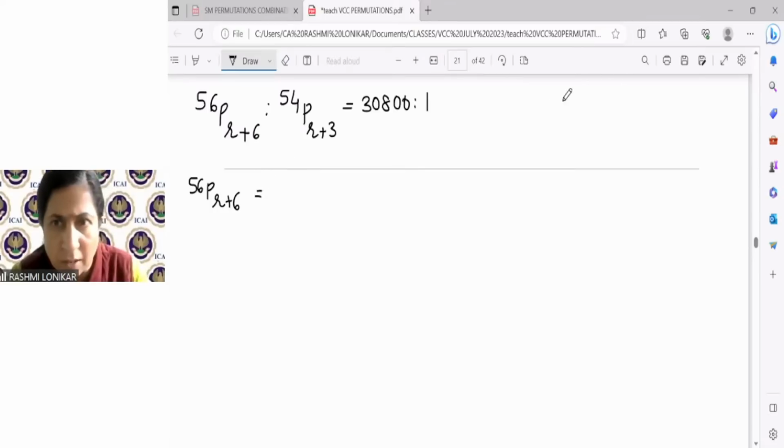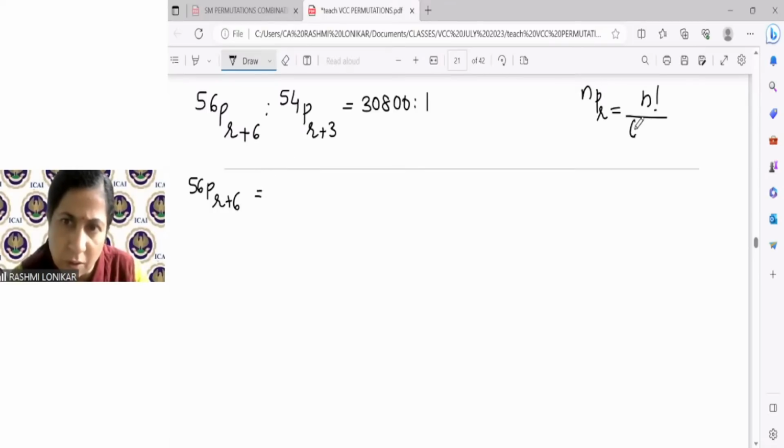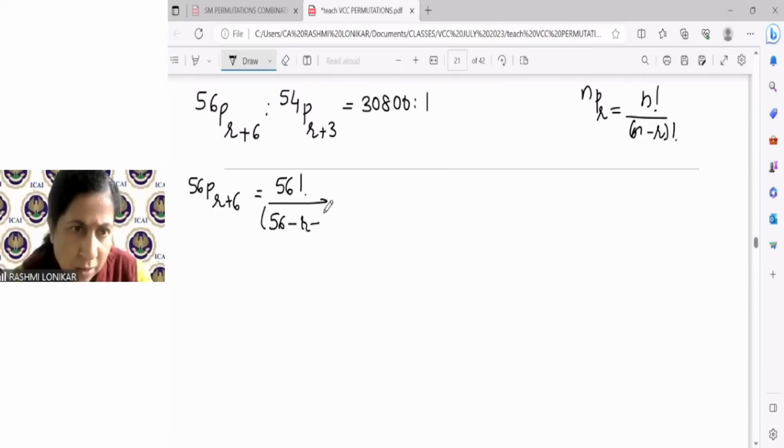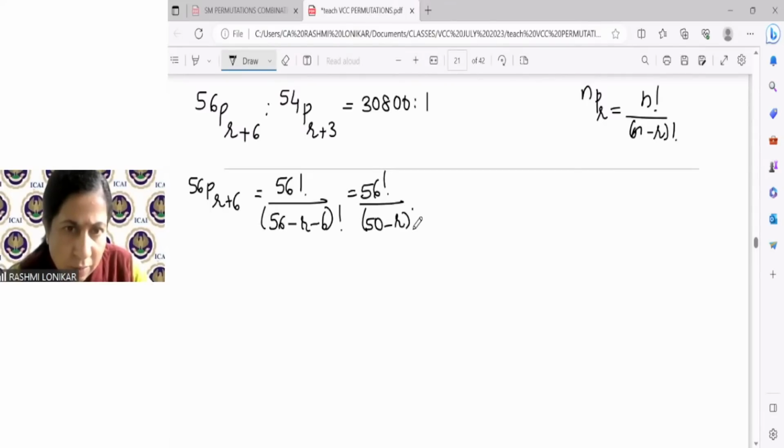Using the formula nPr equals n factorial upon n minus r factorial, I have this to be equal to 56 factorial upon 56 minus (r+6) factorial, which is equal to 56 factorial upon (50 minus r) factorial.